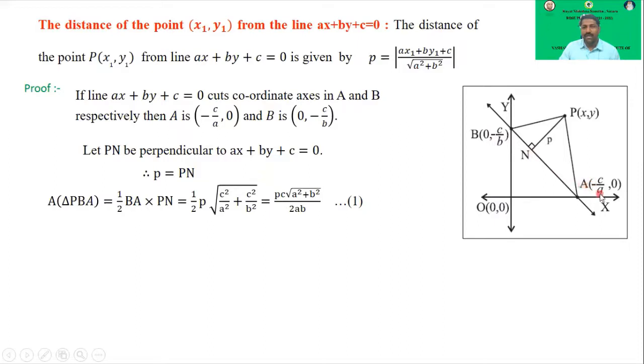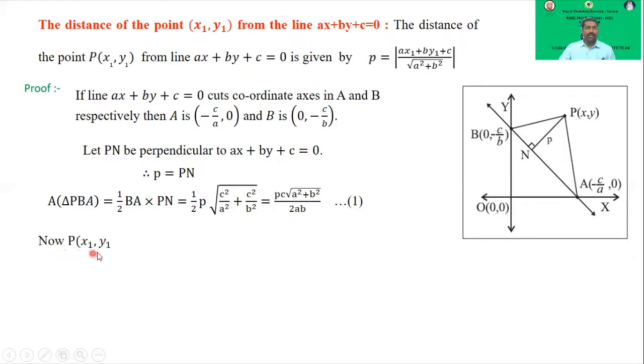So here (-c/a) square + (c/b - 0) square, which is c square upon a square plus c square upon b square. Taking c square common from each term and taking the cross product, we get (a square + b square) upon 2ab, and c comes out of the square root sign. So this is the area of triangle PBA.